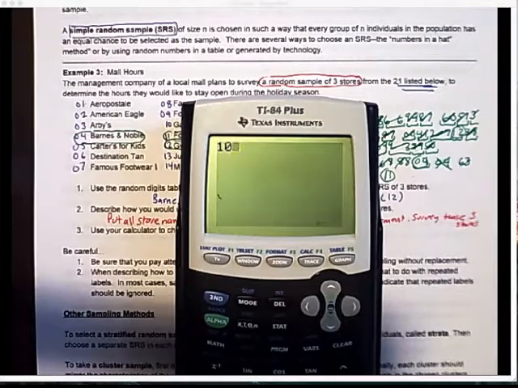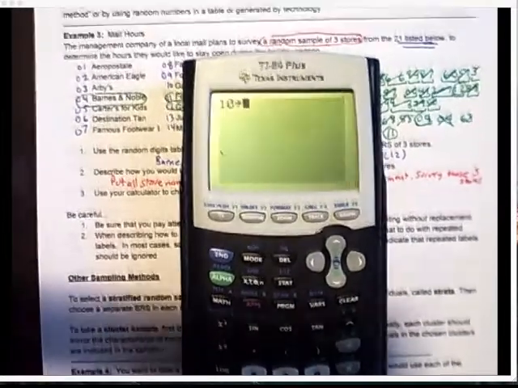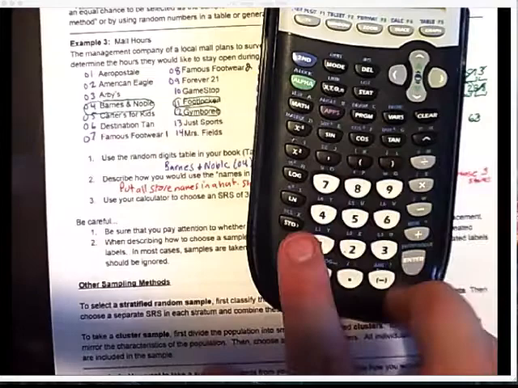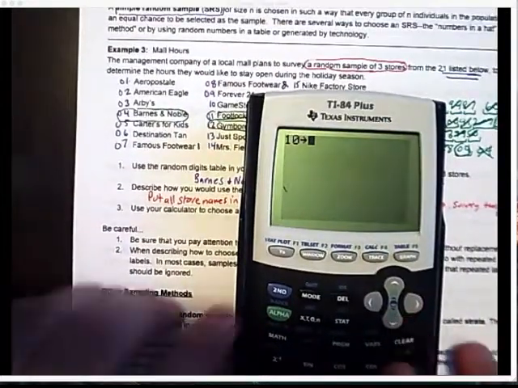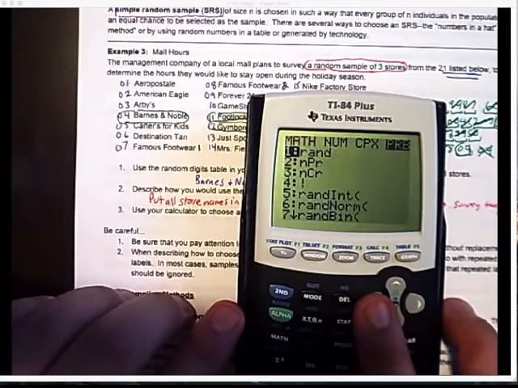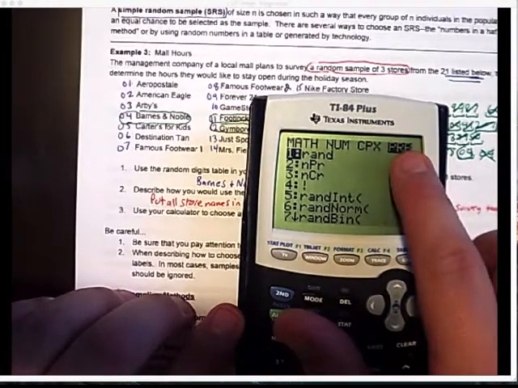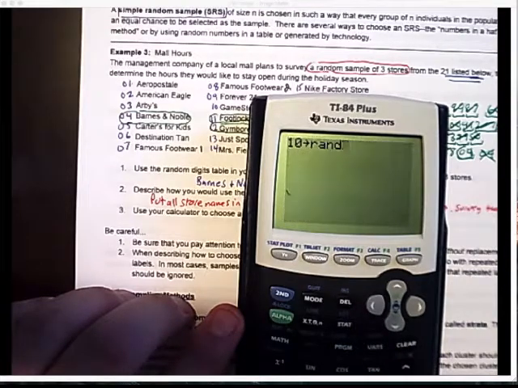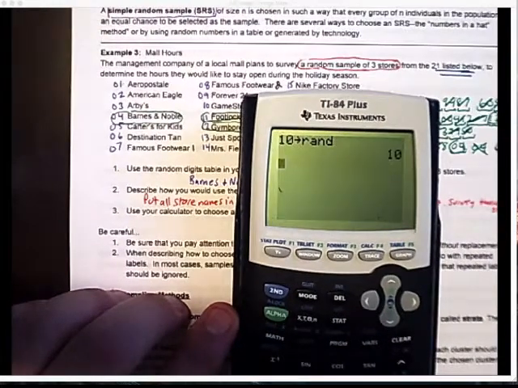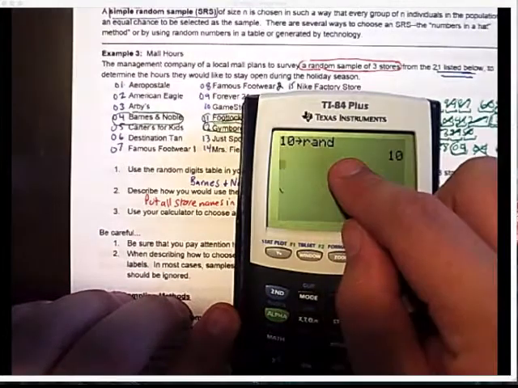So for instance, pick 10. Then hit the STO button on the bottom. This one right here, STO at the very bottom of your calculator, which stands for store. Okay. And now go math, go over to the probability section and choose option 1 for rand, and just choose that. All right, what I've actually done is I've seeded my calculator.